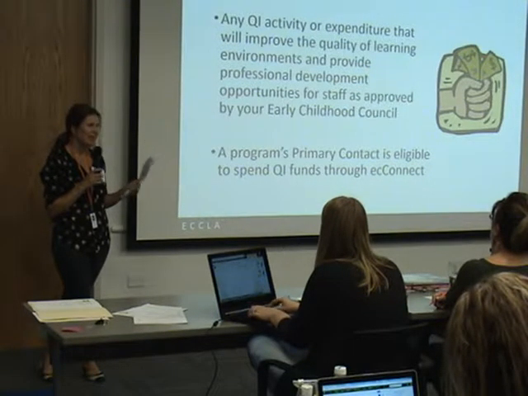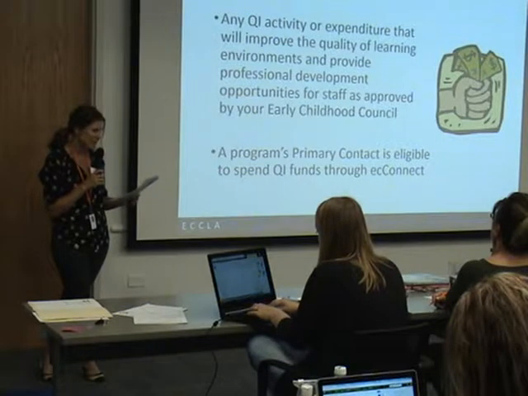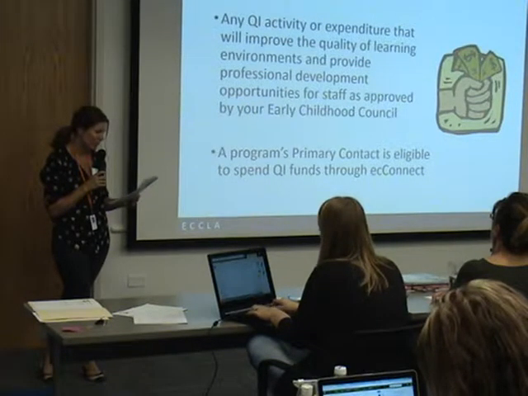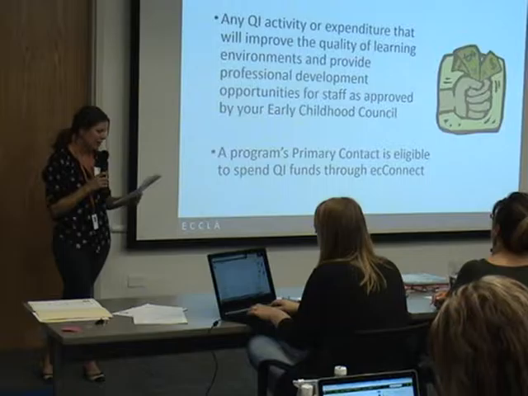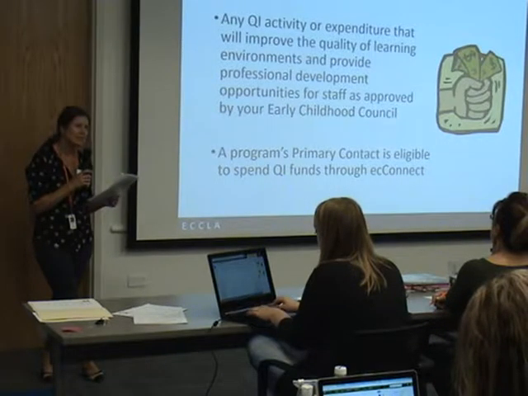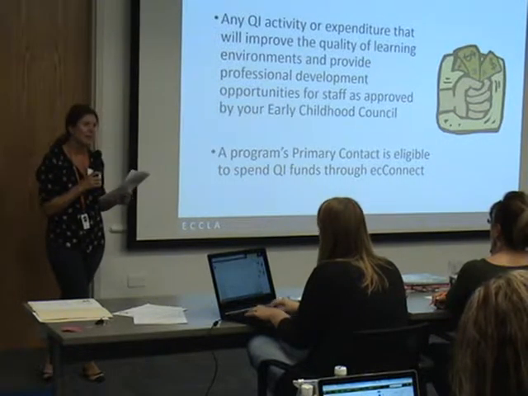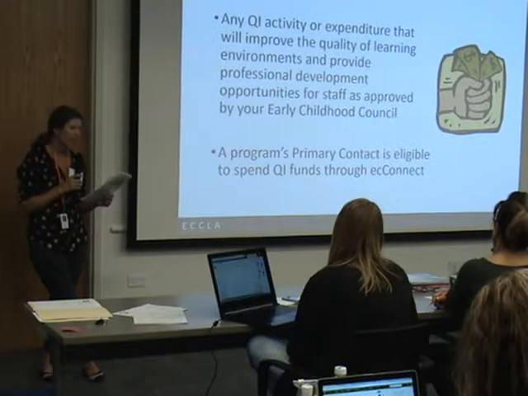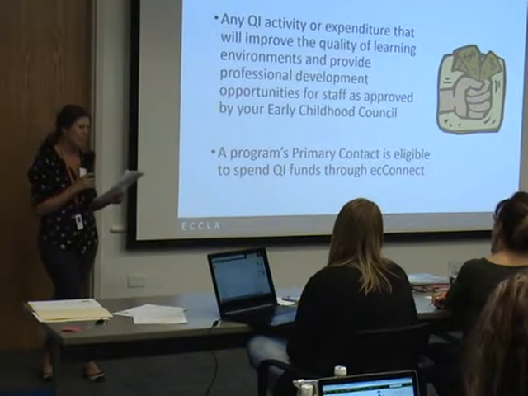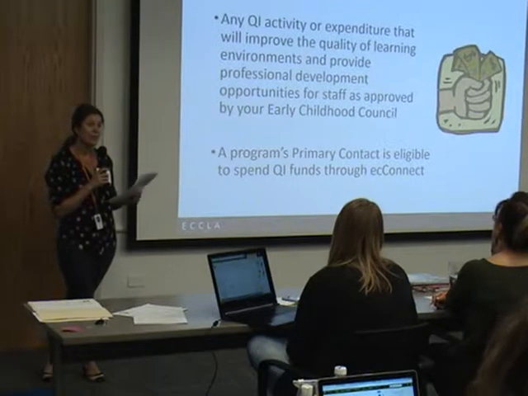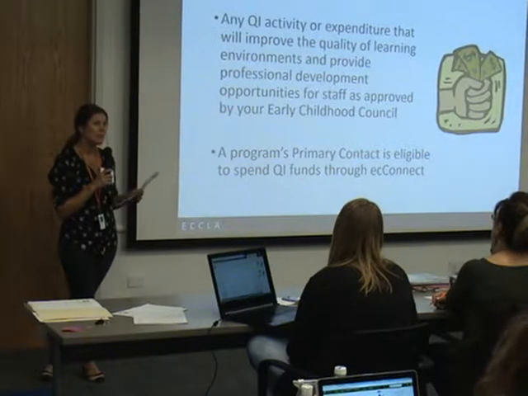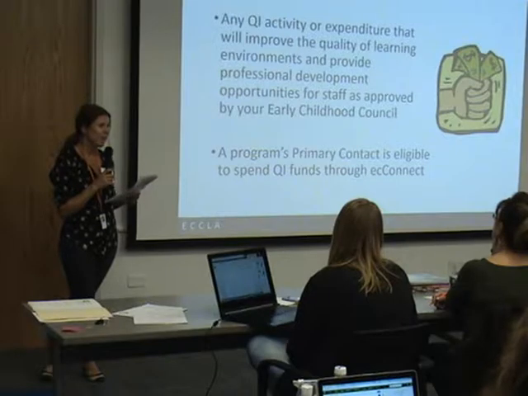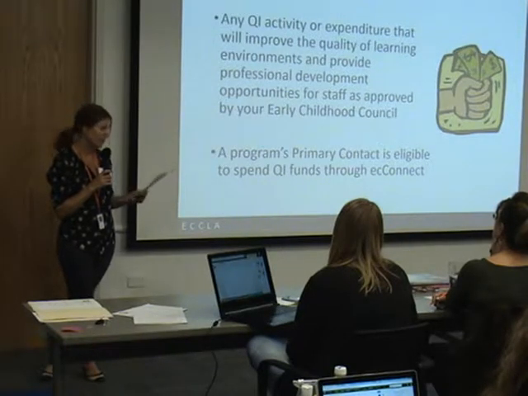So those are the big categories of how we would spend money to improve quality. Often things such as licensing requirements, the ERS scales, the environmental rating scales, as well as the early childhood credential, those types of things are going to guide a lot of how we're going to spend money to improve quality.